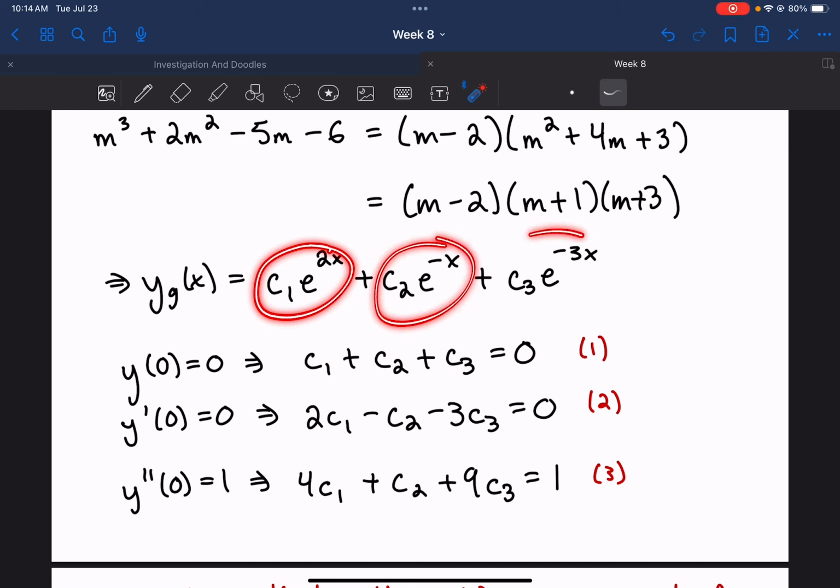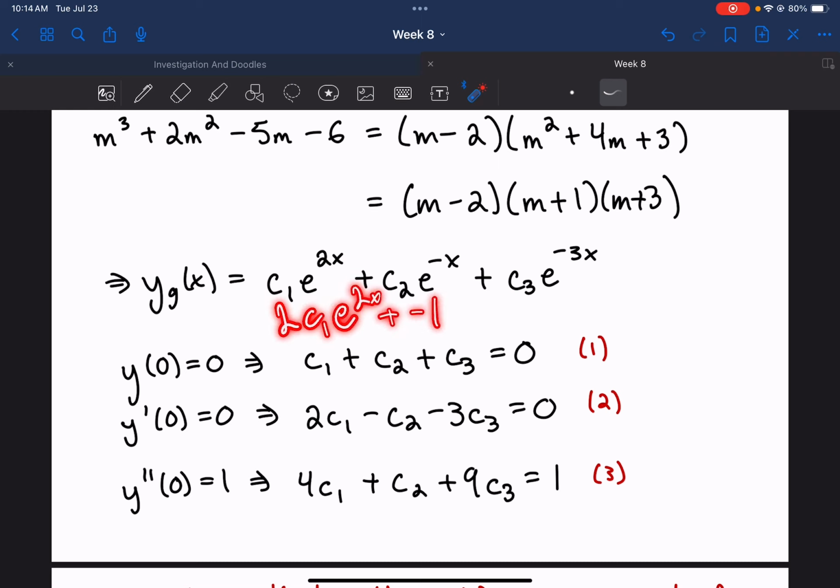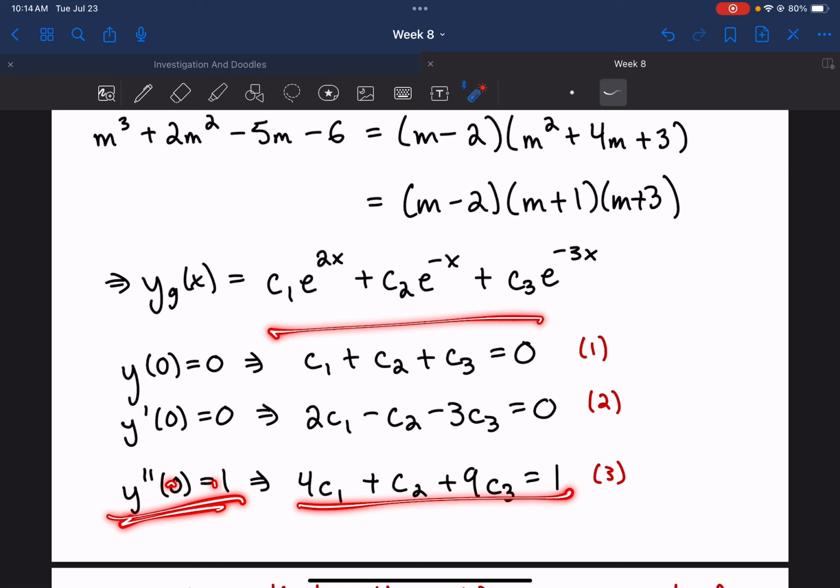I get 2c1 e to the 2x minus c2 e to the negative x minus 3c3 e to the negative 3x. And I plug in 0 for x, and I get 2c1 minus c2 minus 3c3 equals 0. And then I take another derivative and plug in 0, and I get 1. And I get these 3 equations.